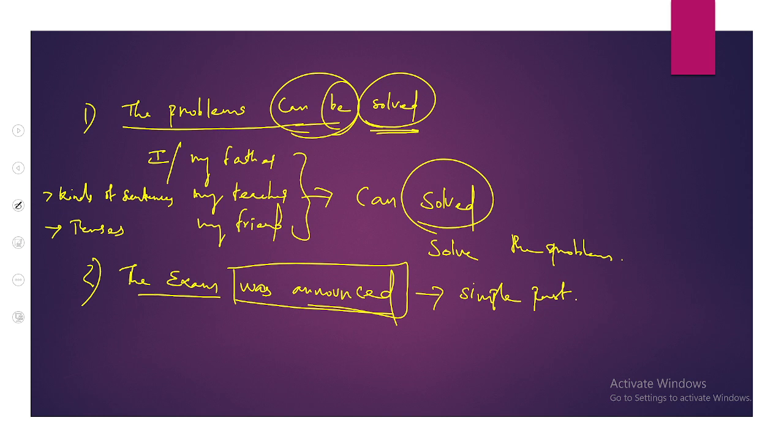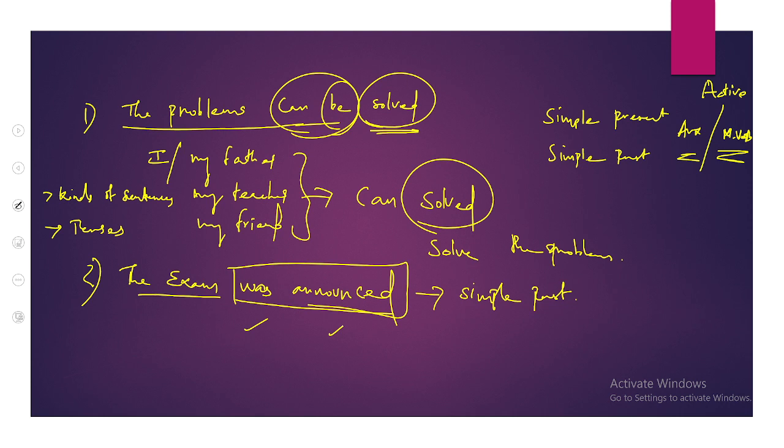Particularly remember, listen, in simple present and simple past alone, only in these two tenses, particularly in an active sentence, you should write either the auxiliary or the main verb. Do you understand? In passive only you will get both the auxiliary and the main verb. Do you understand? So here we have to write it.